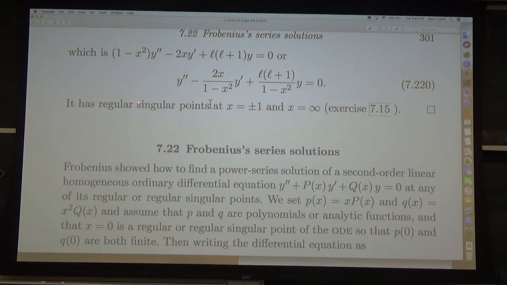On the other hand, you can show that it's a regular singular point, and also at x equal to infinity, it's a regular singular point. So, those are some of the definitions.